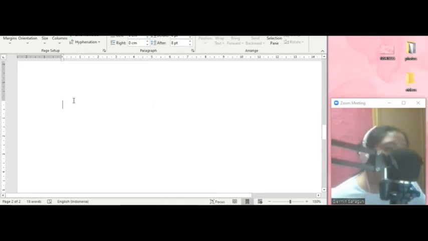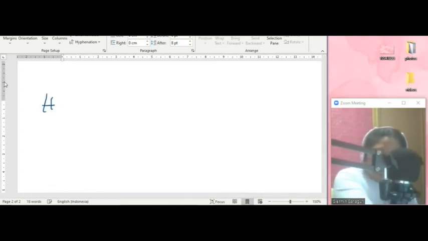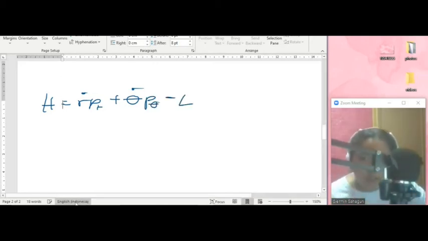So H equals r dot P r plus theta dot P theta minus L. So we have the r dot here.